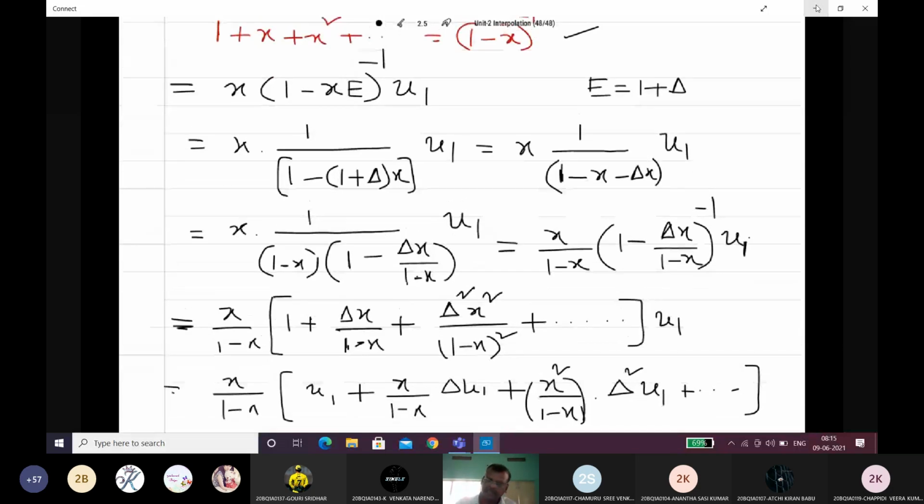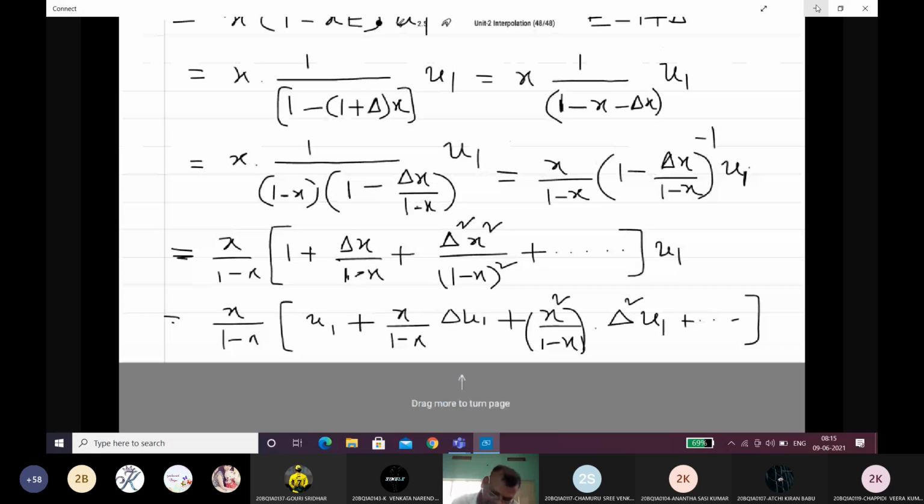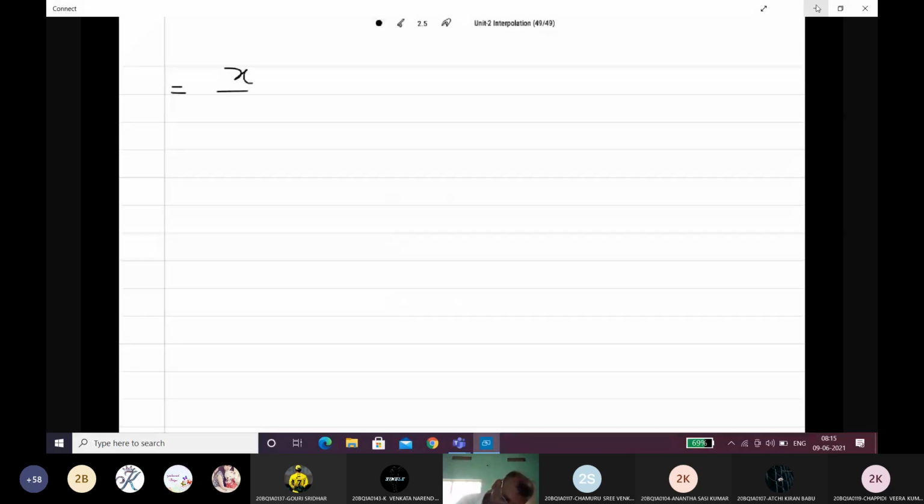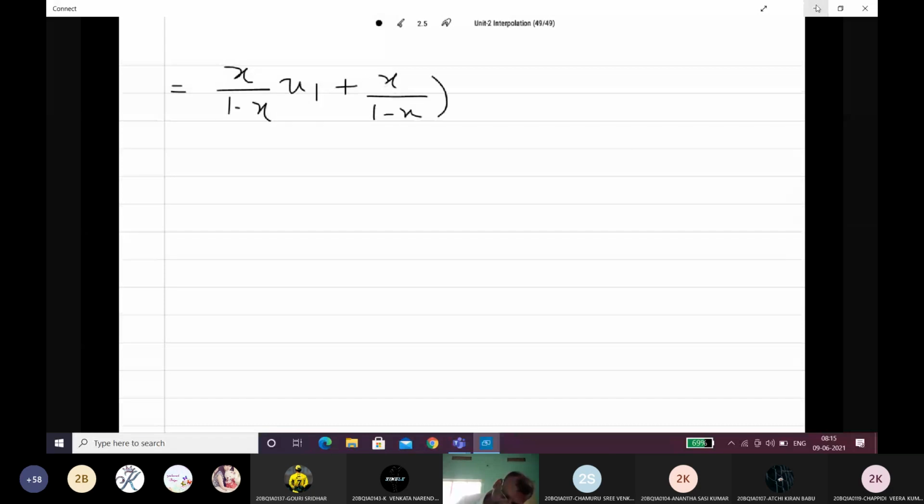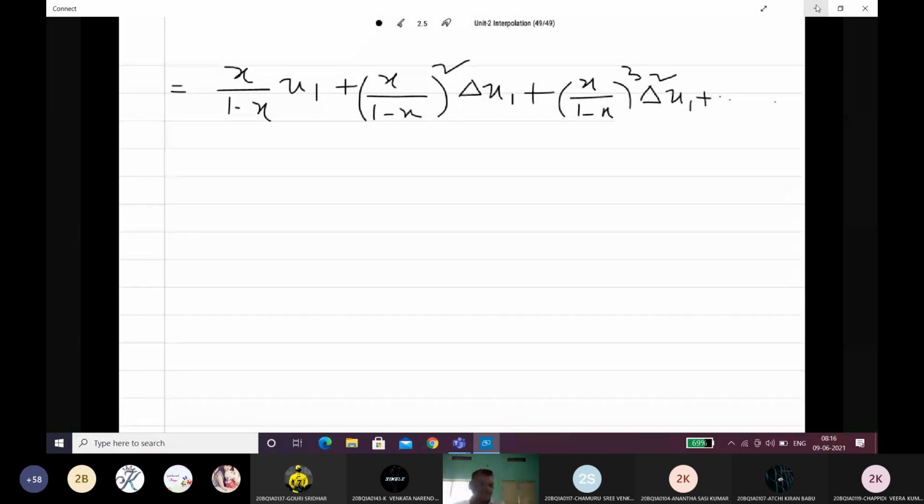Therefore, we write: that is equal to x by 1 minus x u1 plus x by (1 minus x) whole square into delta u1 plus x by (1 minus x) whole cubed into delta square u1 plus so on. That is the solution of this problem.